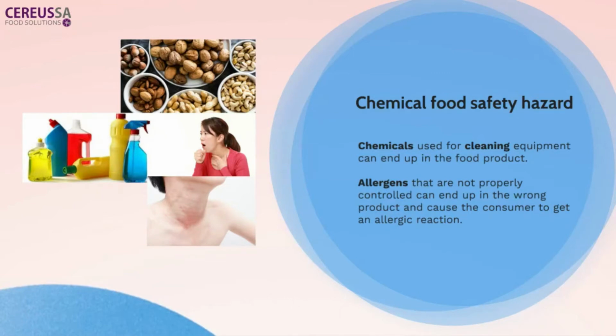Allergens are things like peanuts, egg, wheat, and so on that is known for allergic reactions in sensitive consumers. Allergic reactions would include rashes, itching, it can cause swelling, and in severe cases, even death.